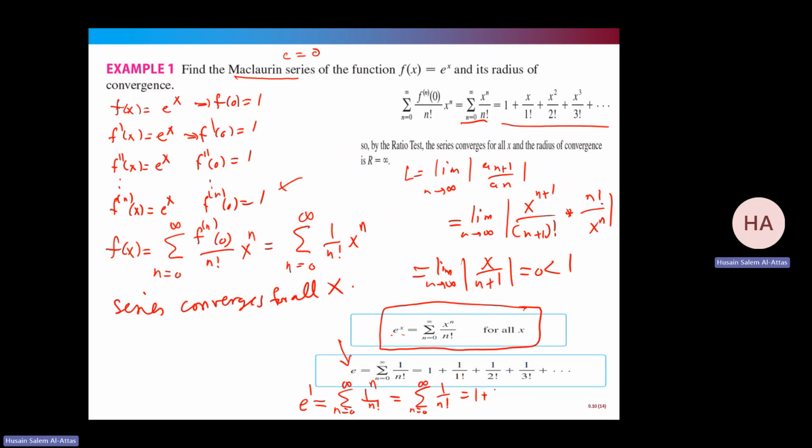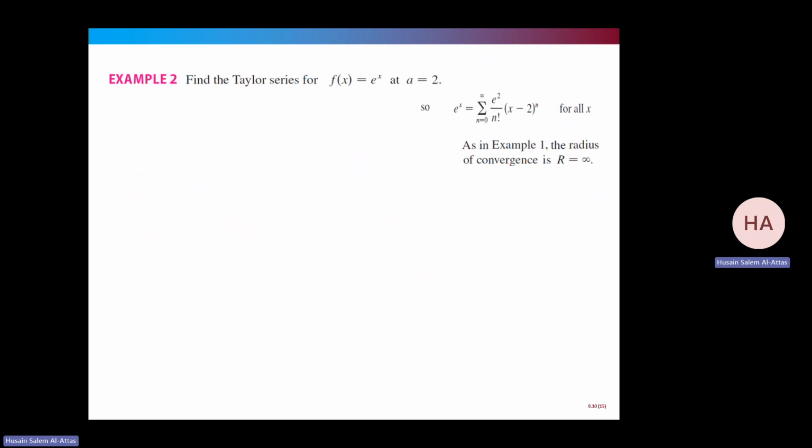So this is 1 plus 1 over 1 factorial plus 1 over 2 factorial plus 1 over 3 factorial, and so on. To approximate e, I can take the first 4 terms, 10 terms, or 20 terms. As I increase the terms, I get a better approximation.